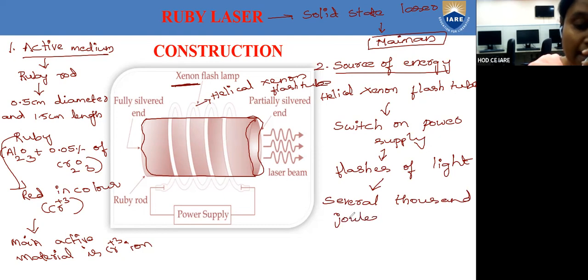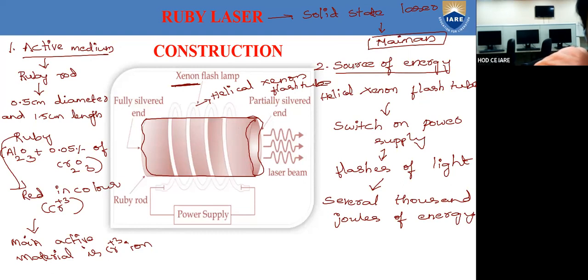And that energy we are going to use for pumping. For the pumping process, we get this energy from the helical xenon flash tube, which is connected to the power source. Once we switch on the power source, each flash emits a lot of energy, and that energy is used for pumping of chromium ions.